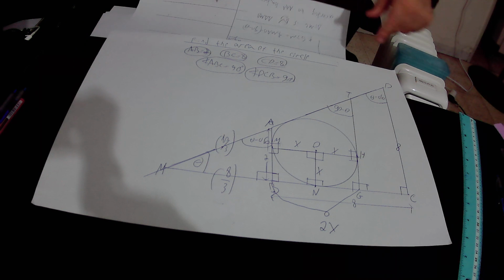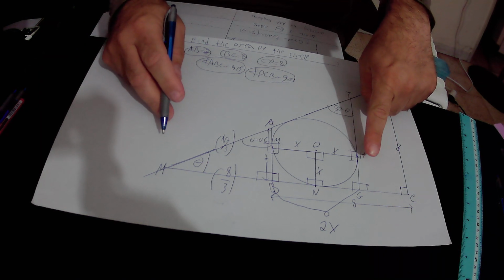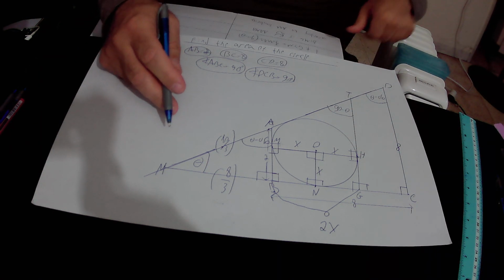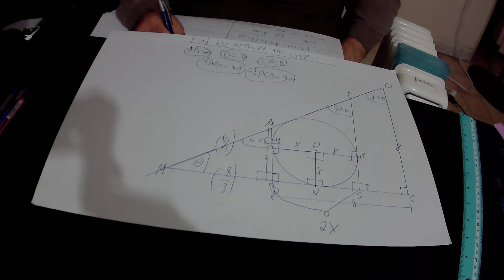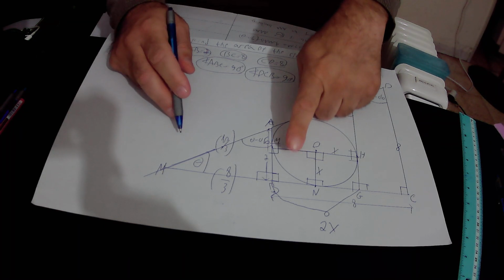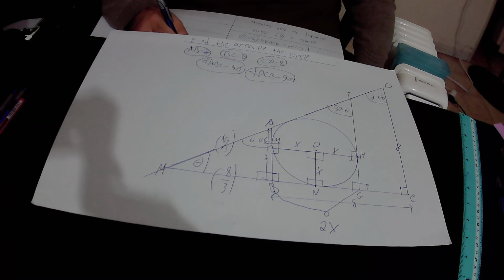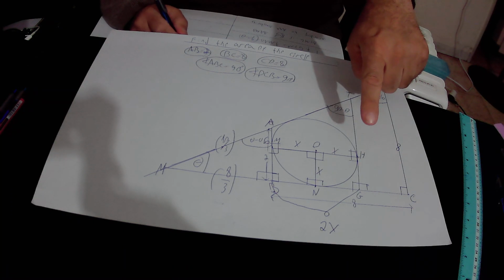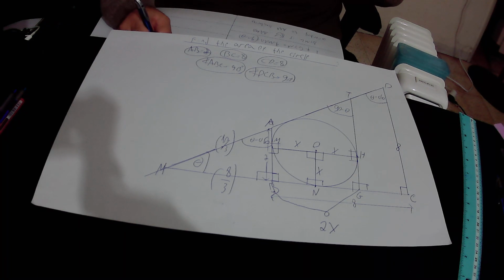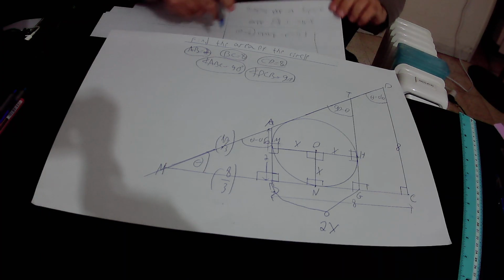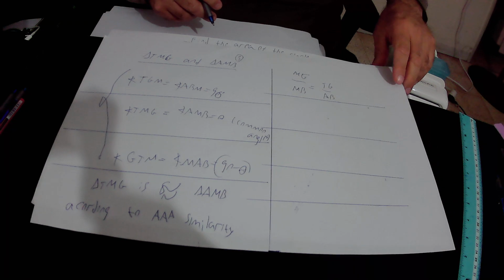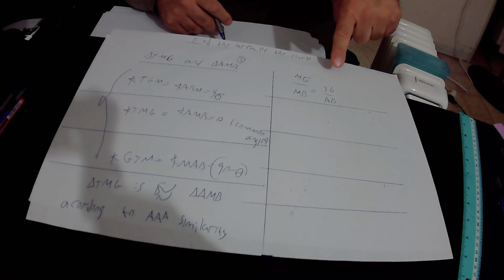We derive that MG in the big triangle over MB in the small triangle equals TG in the big triangle over AB in the small triangle. Repeat again, you can conclude from the fact that the two right triangles are similar to each other that MG over MB equals TG over AB.